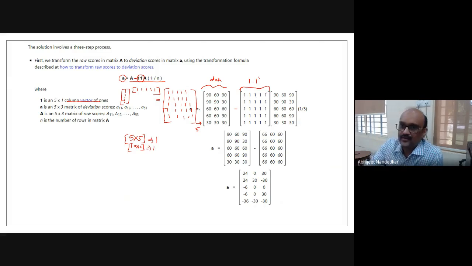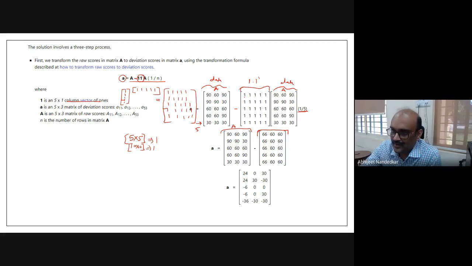Then you will do this procedure. You take this data matrix A, then you form this all one matrix, and then you take again your data matrix. So when you multiply this, what will be this portion? This is your A as usual. You will see that I'm dividing here by 5.